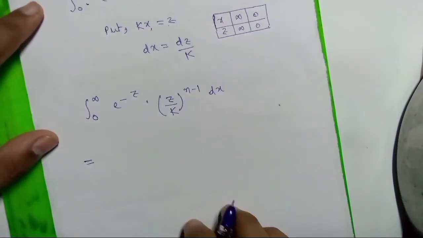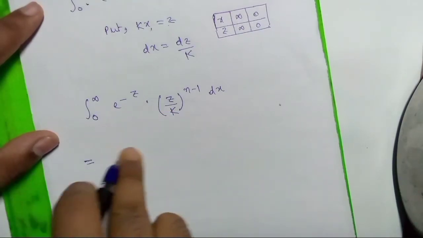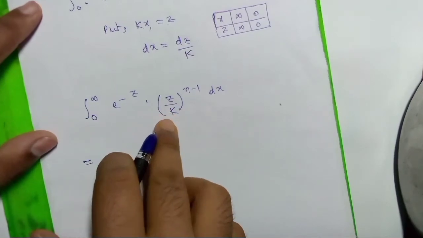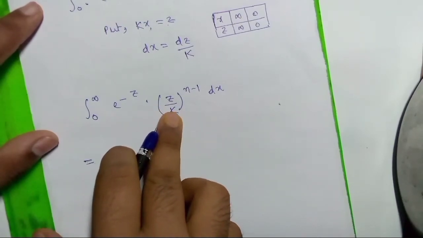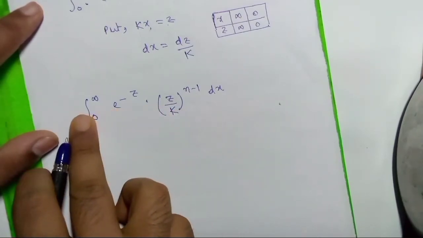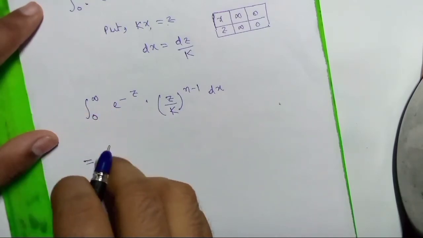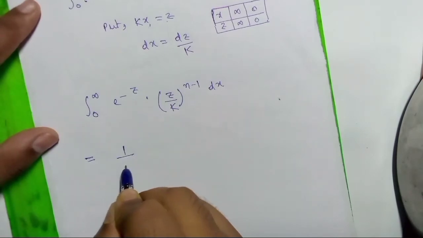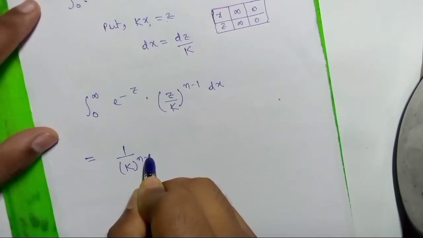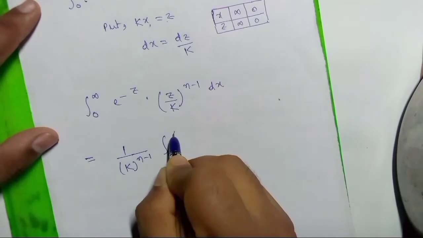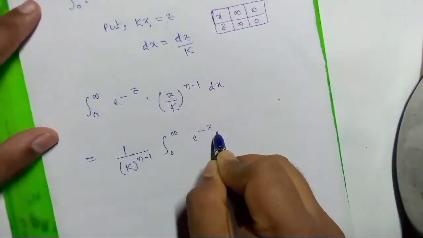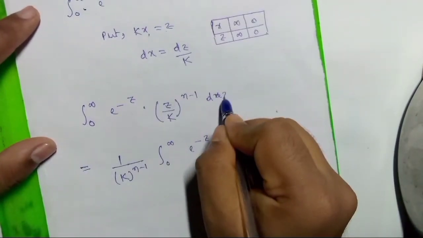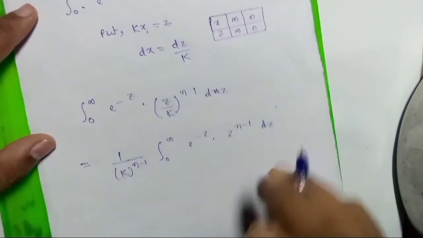Here k is constant, so we remove this term out of the integral. So 1 by k to the power n minus 1 integration 0 to infinity e to the power minus z, z to the power n minus 1 dz, sorry, this is dz also.